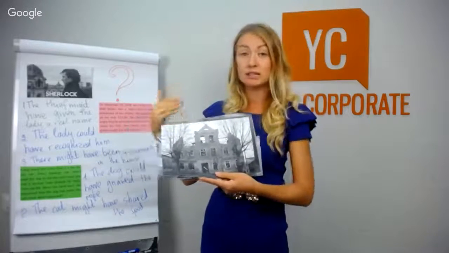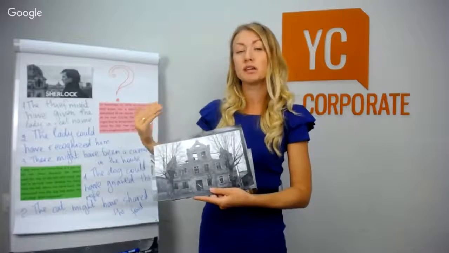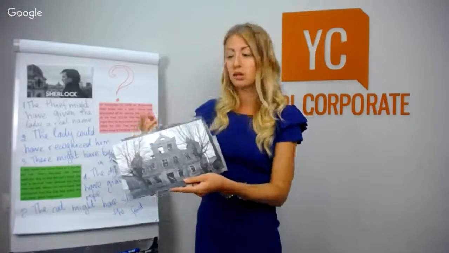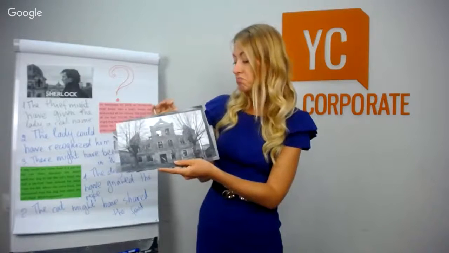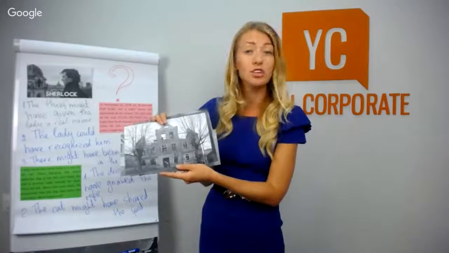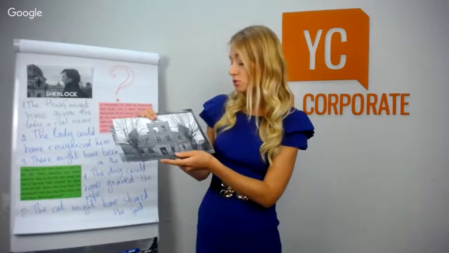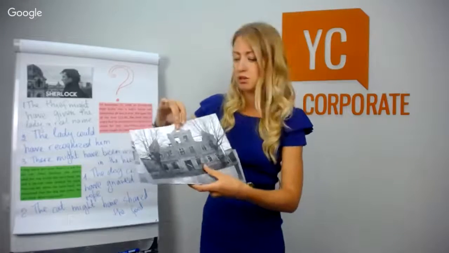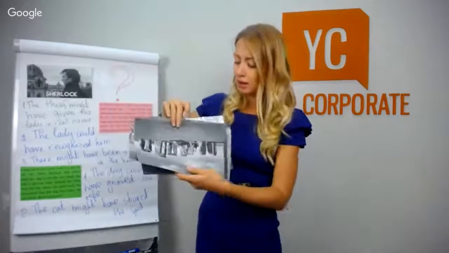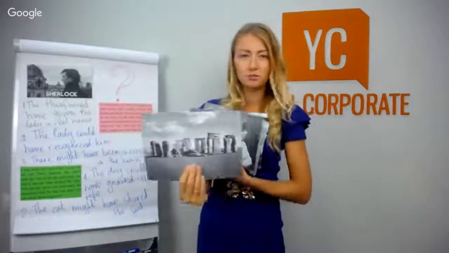Okay, next picture is a building. So you can see that this is an abandoned building. So make your assumptions what it could have been. Like it could have been a mansion once, and it must have been built a long time ago, and its owners could have been rich people, right? Why not? Okay, next picture is Stonehenge.